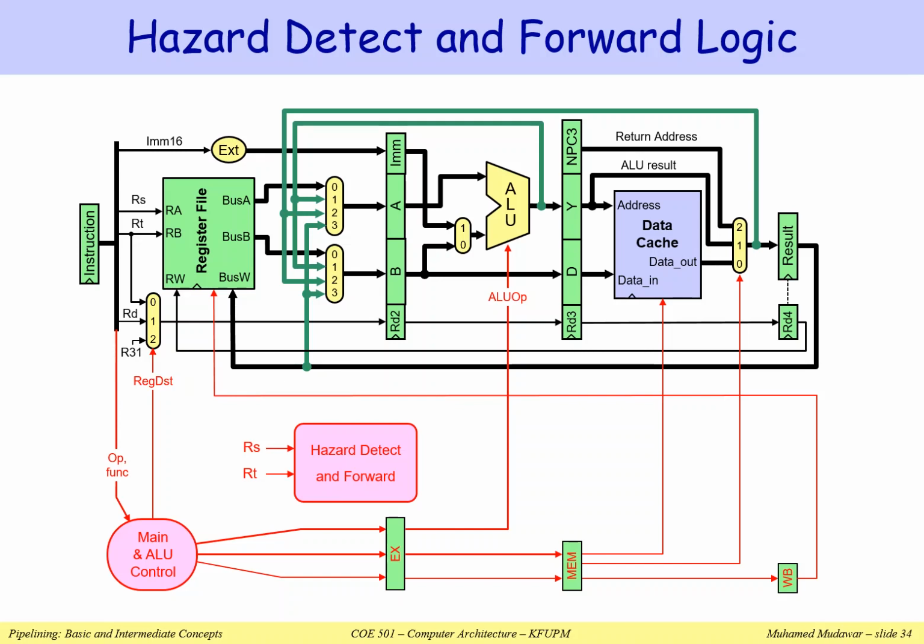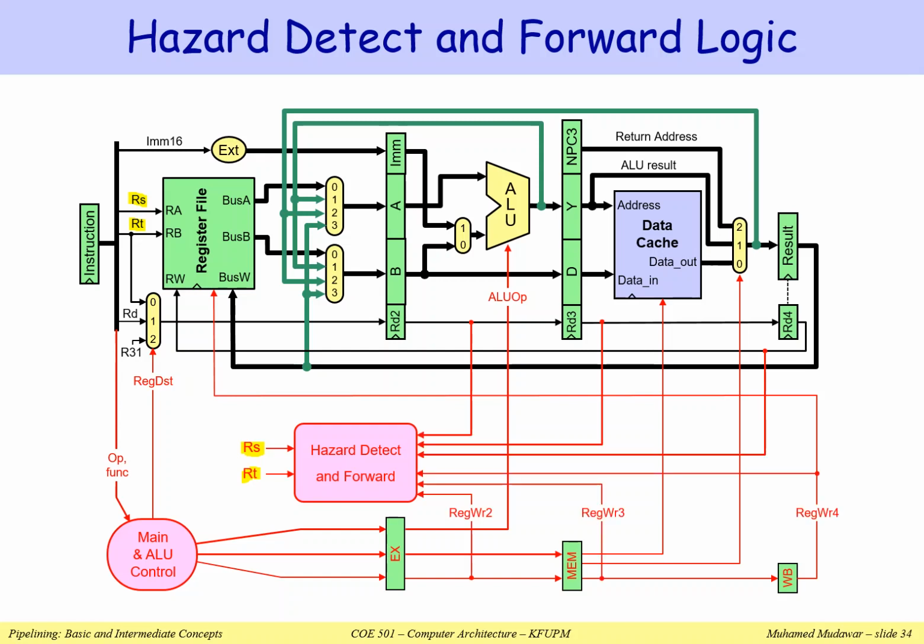The inputs here are RS and RT. These are the inputs to the hazard detect logic that will come directly from the instruction which is in the decode stage, in the second stage of the pipeline. Now, RS and RT must be compared against RD2, RD3, and RD4.